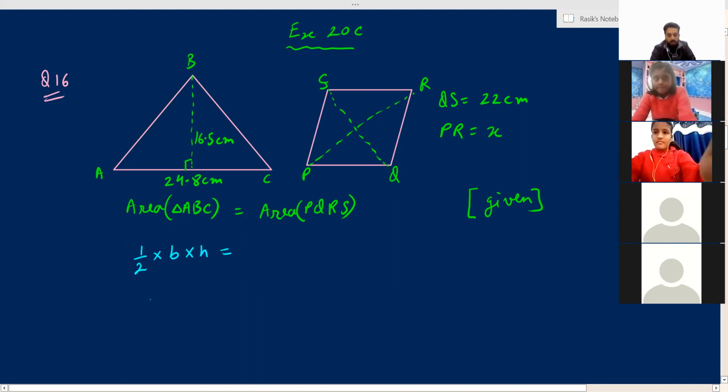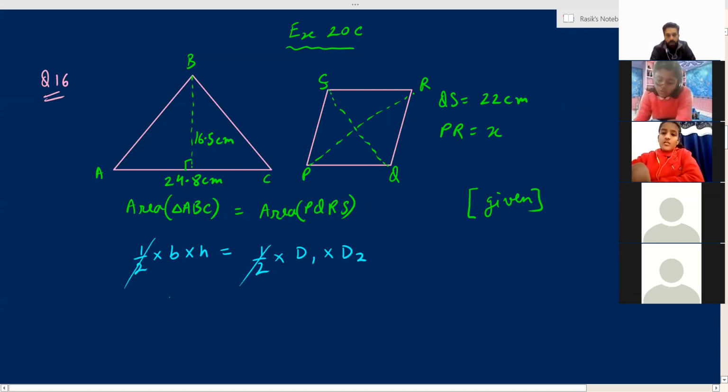You have studied this in class 5 and 6. The area of a rhombus using the diagonals is half into d1 into d2. We can cancel half from both sides. We get base into height equals d1 into d2.